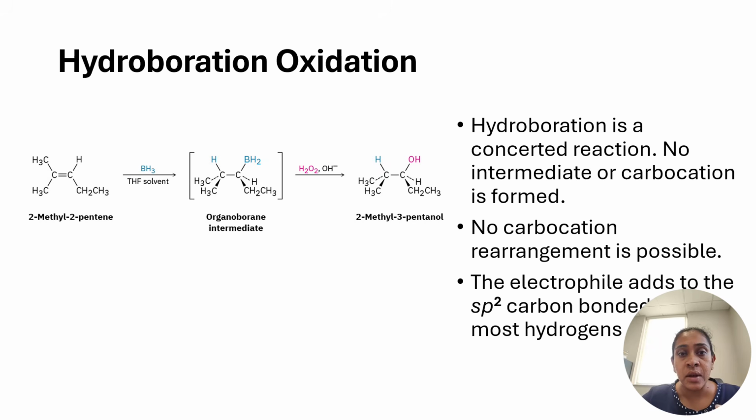The boron portion of the reagent is electrophilic and becomes bonded to the less substituted alkene carbon, the carbon bearing more hydrogens. Oxidation then replaces this carbon-boron bond with a carbon-oxygen bond without changing the regiochemical placement. This explains both the anti-Markovnikov product and the absence of carbocation rearrangements.